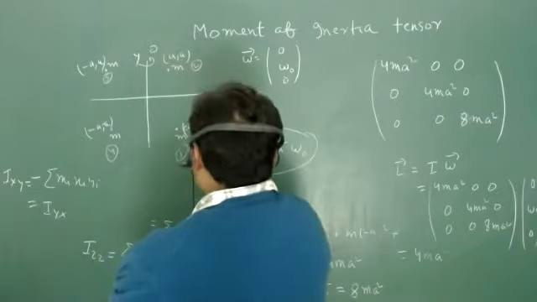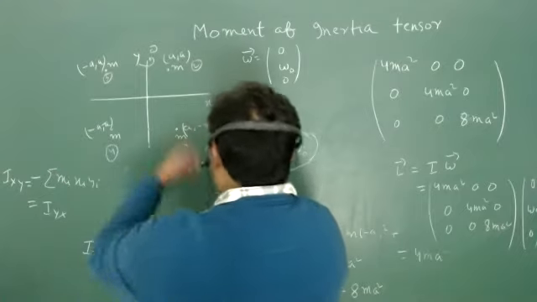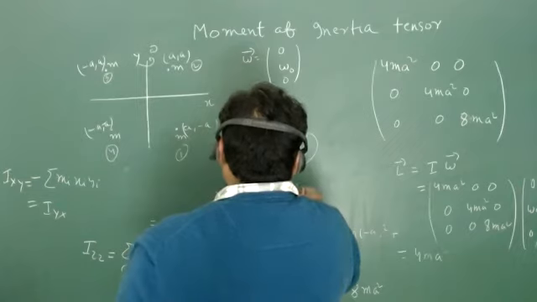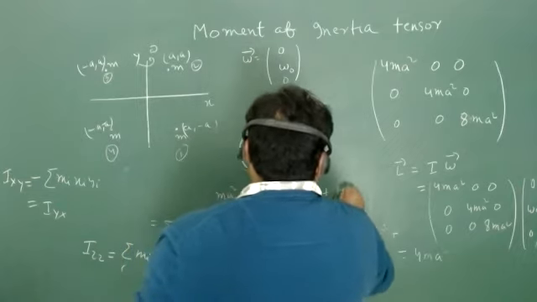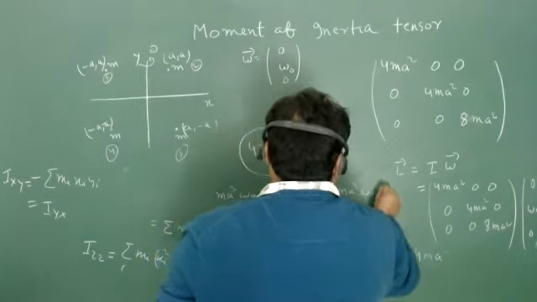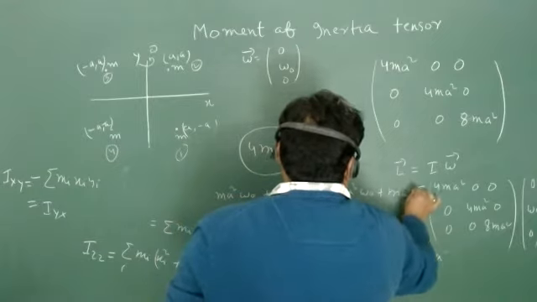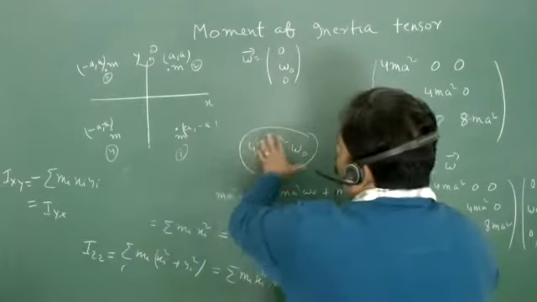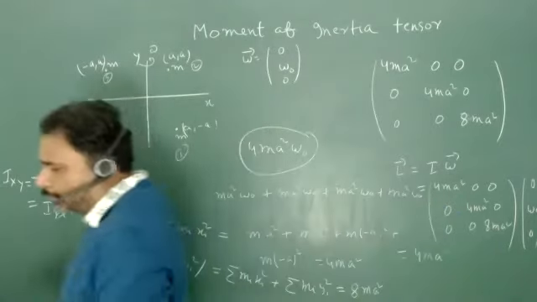So you will write first particle ma square into omega naught, plus ma square into omega naught, plus ma square into omega naught, plus ma square into omega naught. So you have 4 ma square omega naught. You can easily calculate this thing.